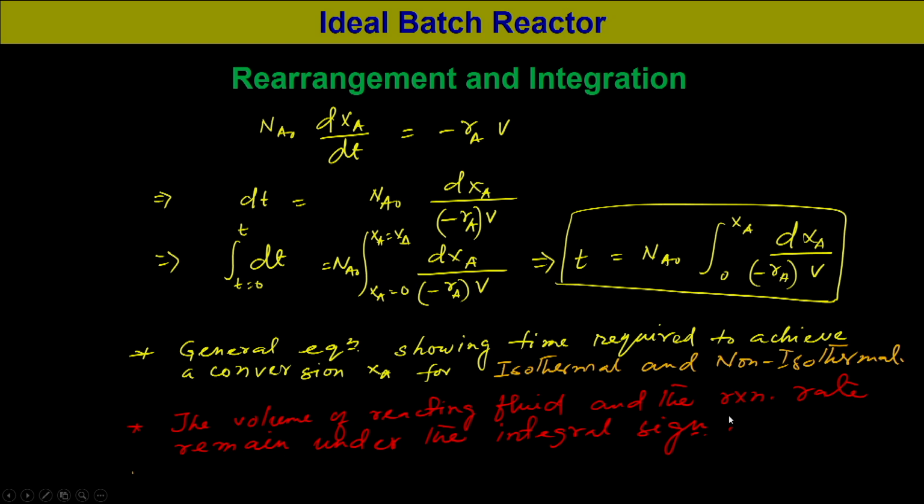So, this means that in general the rate of reaction and the volume change during the course of the reaction. Now, if we plot this general equation for conversion versus time, it will show a curve like this.